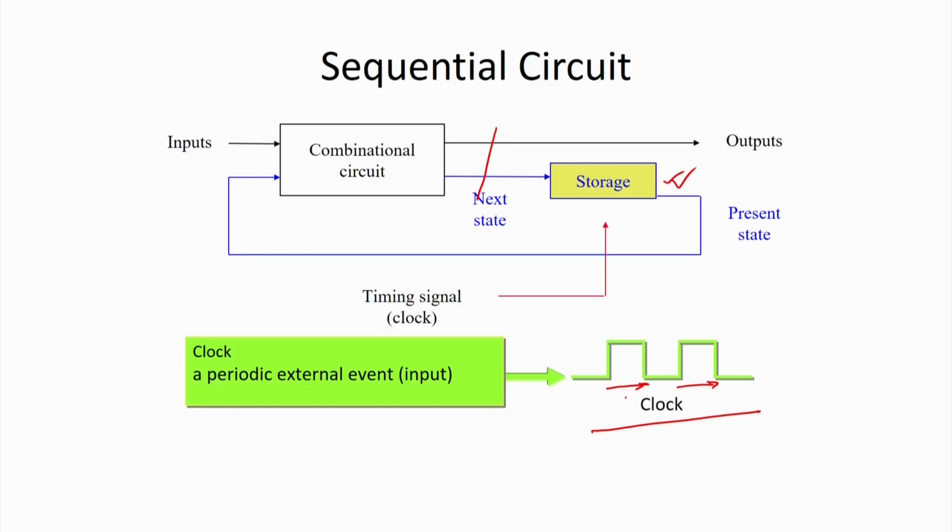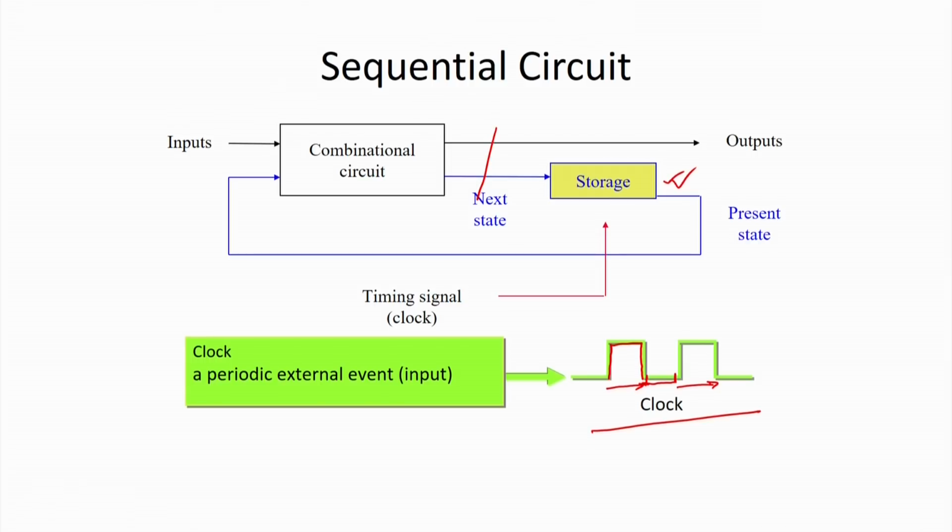This circuit is going to work when the clock is high, and accordingly it is going to give me output, and when the clock is low, this circuit is not going to behave. So, we can think in that particular way: this is one state, this is the second state. The output of the present state depends on the output of the previous state, so it will be controlled by a clock. For that we need the storage.